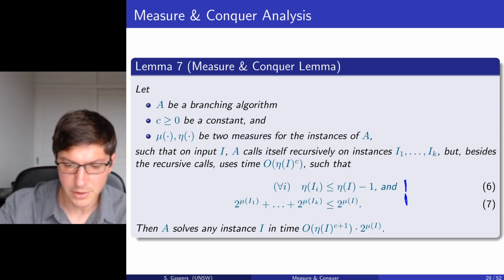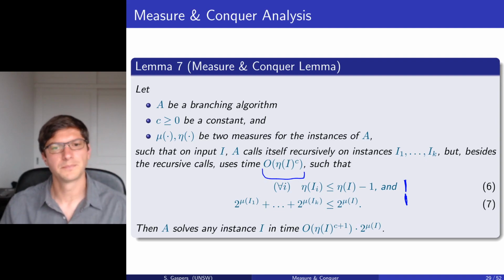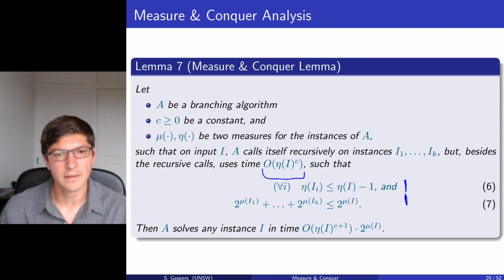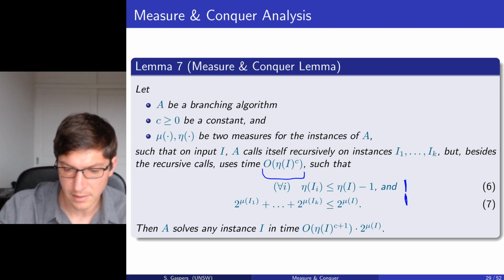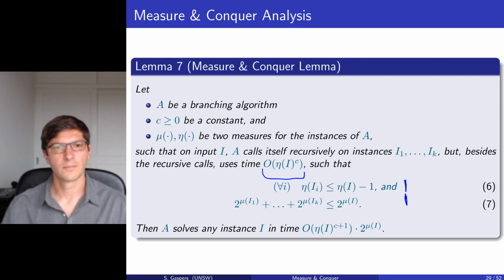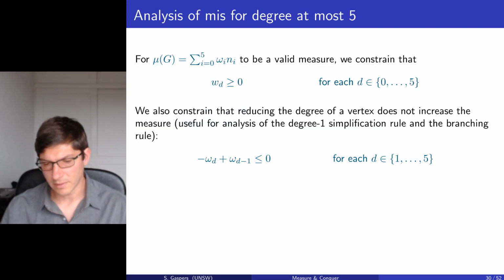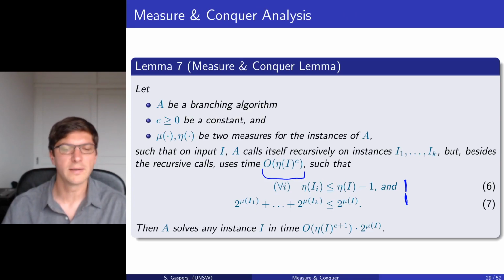So at each node of the search tree, the running time is eta to the power c. And then in the end, we can solve any instance in time eta to the power c plus 1 times 2 to the power mu of I. This lemma can be proved in very much the same way as the simple analysis lemma.